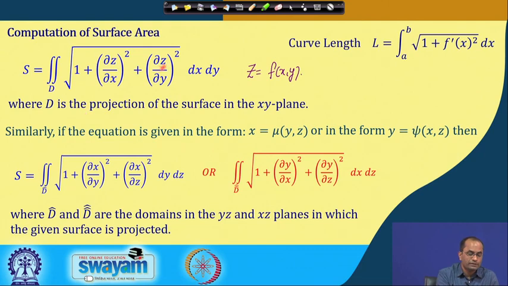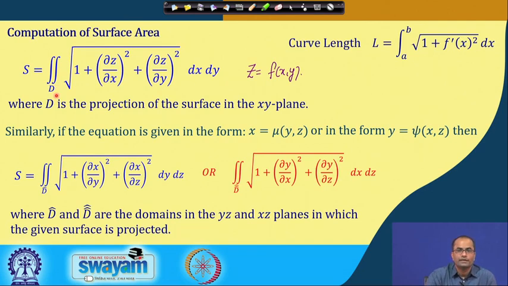Remember, when we computed the volume under that surface over the xy plane, instead of this integrand we had the function f(x, y), and if you want to compute the area of the domain of integration, the area of D, then we just set the integrand as 1.